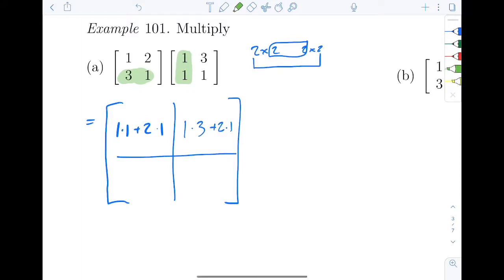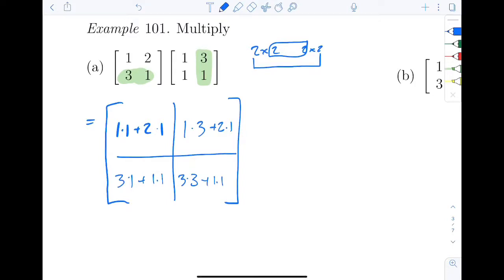Second row, first column, I get 3 times 1 plus 1 times 1. Last but not least, what about the second row, second column? Let's dot those things. That's 3 times 3. I said 3, I wrote 1. 3 times 3 plus 1 times 1.